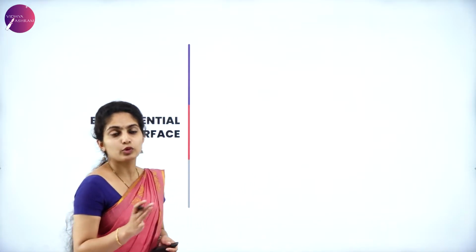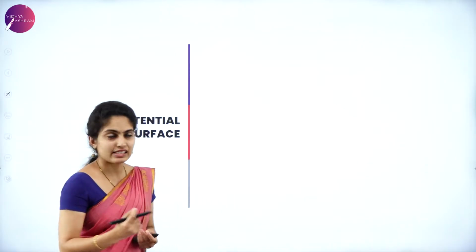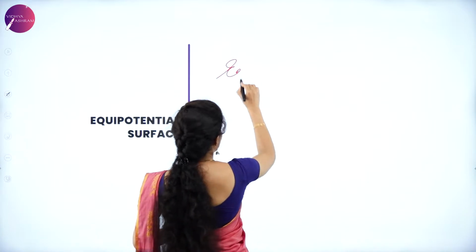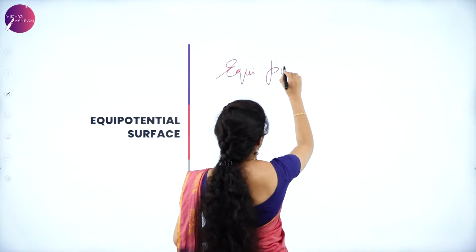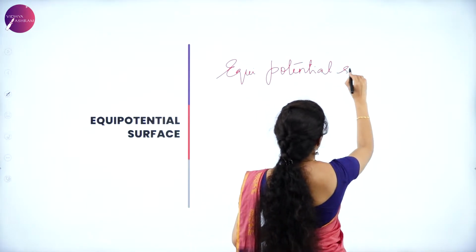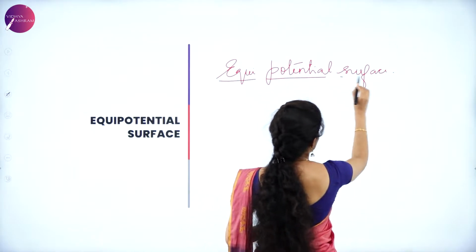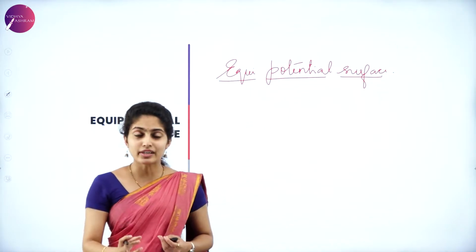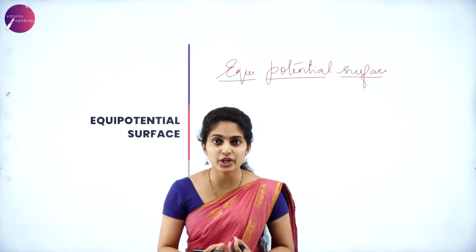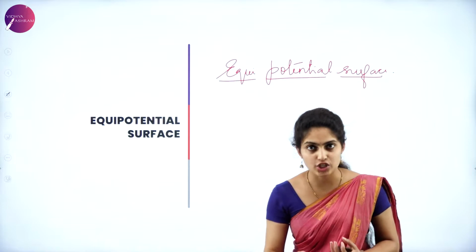So first of all, moving on to equipotential surface. What is meant by equipotential surface? As the word itself tells, equipotential surface. It is nothing but the surface which contains equal values of potential.